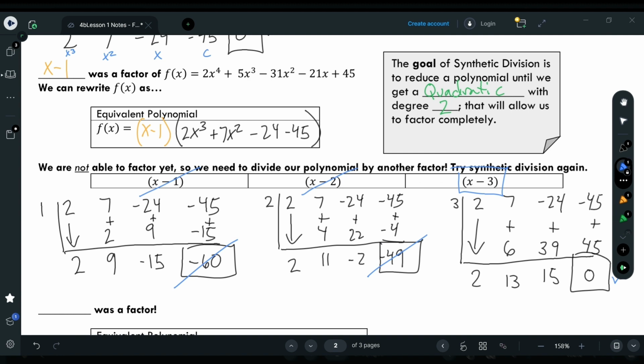Okay, so x minus 1, not a factor. X minus 2, not a factor. X minus 3, we got a remainder of 0. That means it's a factor.